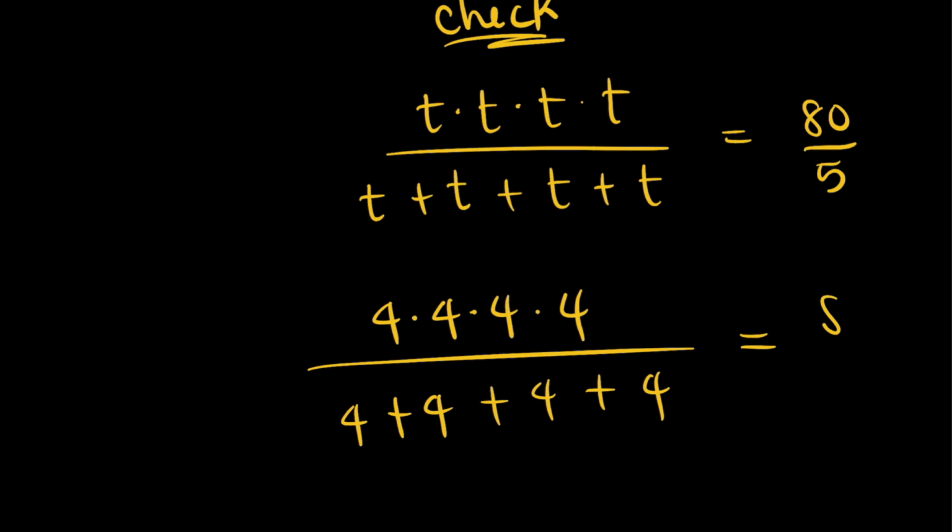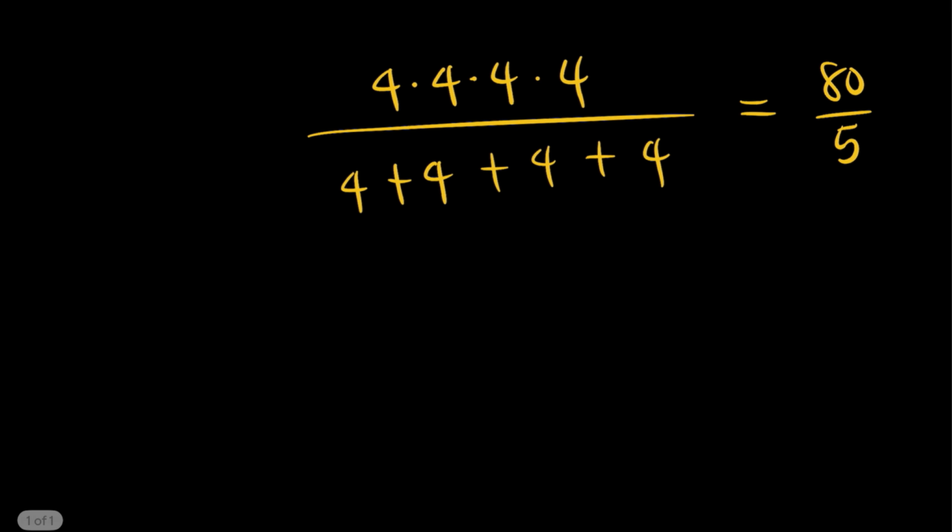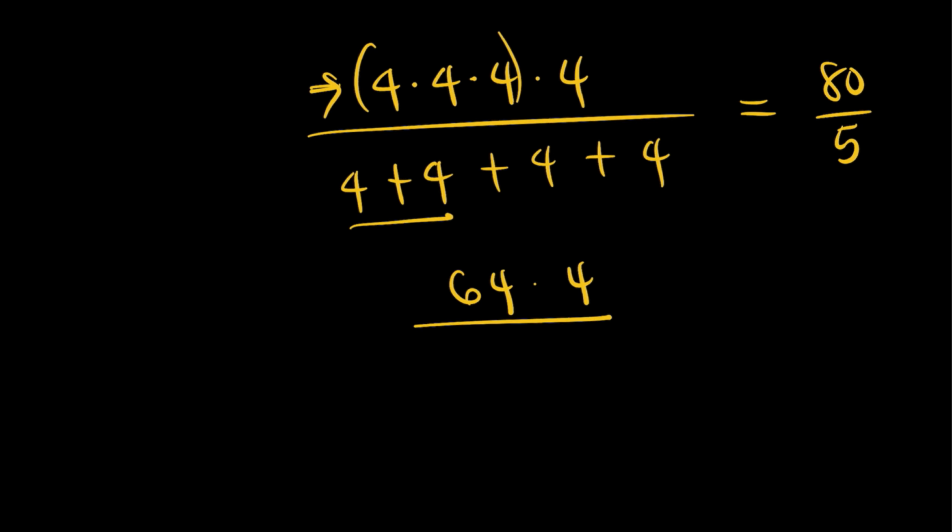So 4 times 4 times 4 is 64, so 64 times 4 divided by 4 plus 4 is 8, plus 4 is 12, plus 4 is 16, to give us 80 divided by 5.